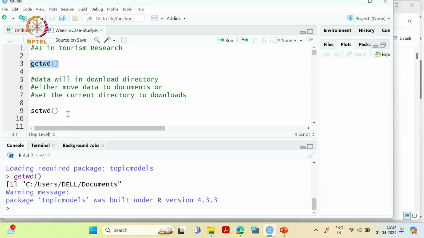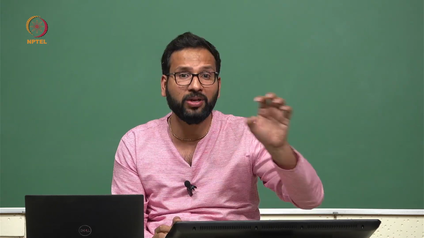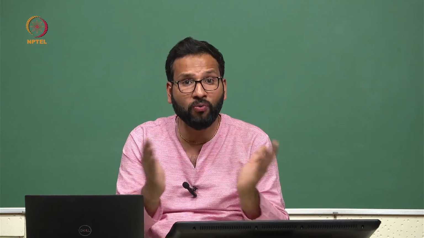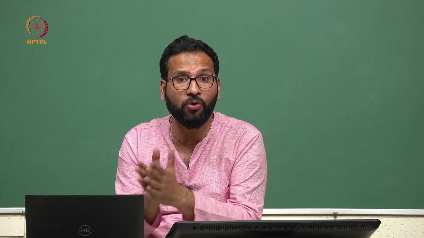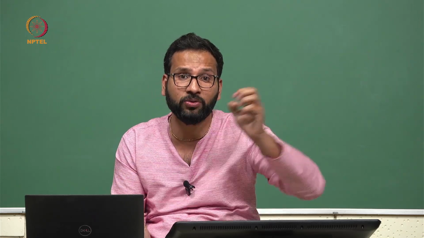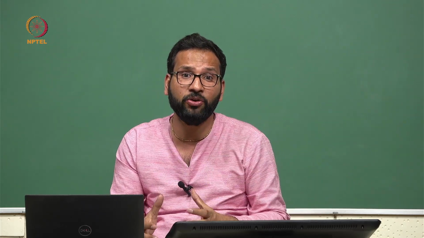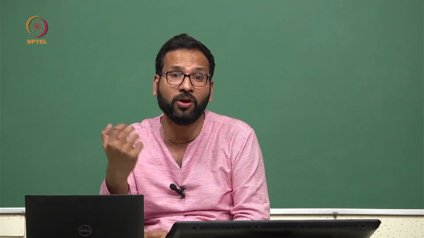I will not change the directory. How can we change the directory? We can change it using the function setwd. I'll just copy the whole data into the document directory so that we can easily access it. But if you don't want to change the directory or copy the data to the current directory, you can give the whole path whenever you are calling that data.